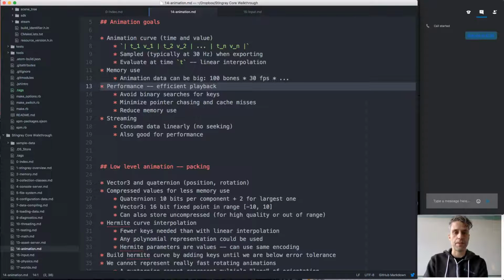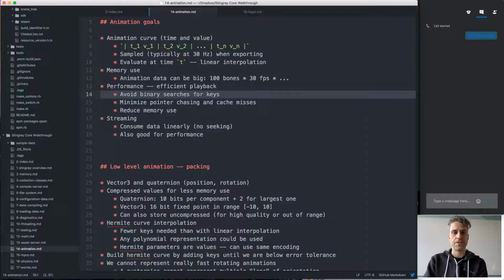In addition to keeping the memory use down, we also are always interested in performance. So we want some kind of efficient playback of the animations. If you try to do this in a naive manner, like look up the value at a time t given samples like this, a naive implementation would do a binary search to find the range where a particular time value falls in, and then do the interpolation in that range.